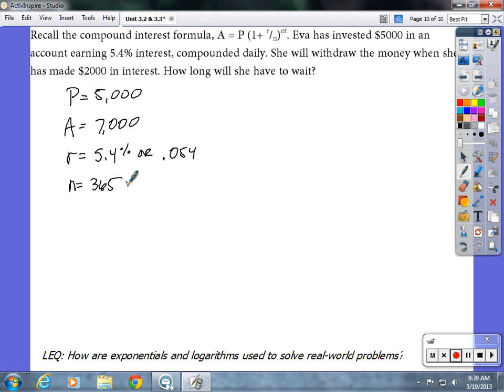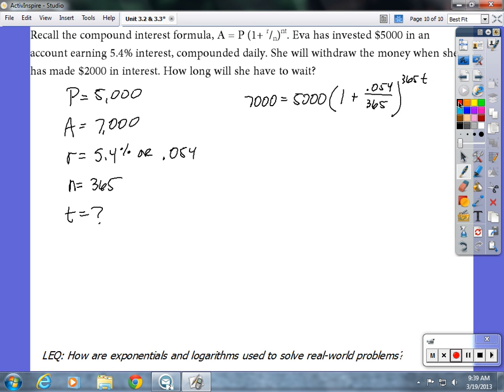We could get technical and go a fourth. And t is what we're looking for. t is unknown. So we have 7,000 equals 5,000 times 1 plus 0.054 over 365 to the 365t power.